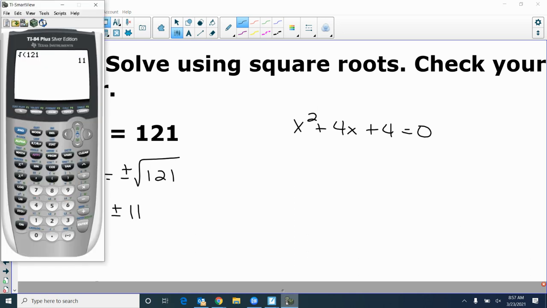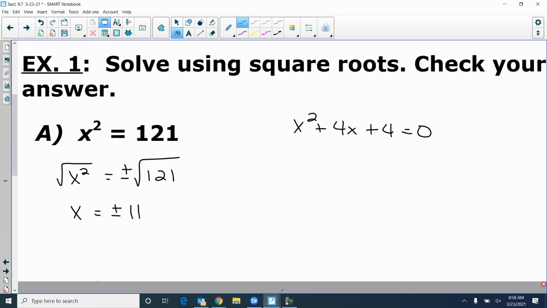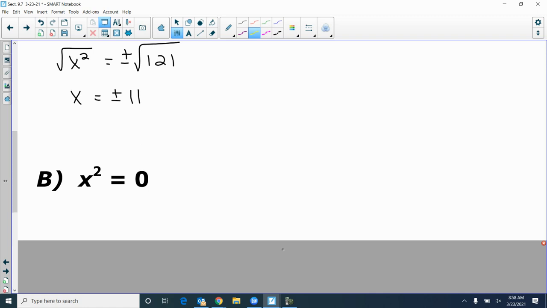Okay, we know 11 squared is 121, but also negative 11 squared is, whoa, that's a little bit bigger, 121. So if you just have an x squared, you don't have this x term here, if you get this x squared equals 121, just take the square root. Okay? Honestly, it's a little bit easier. It's like this.